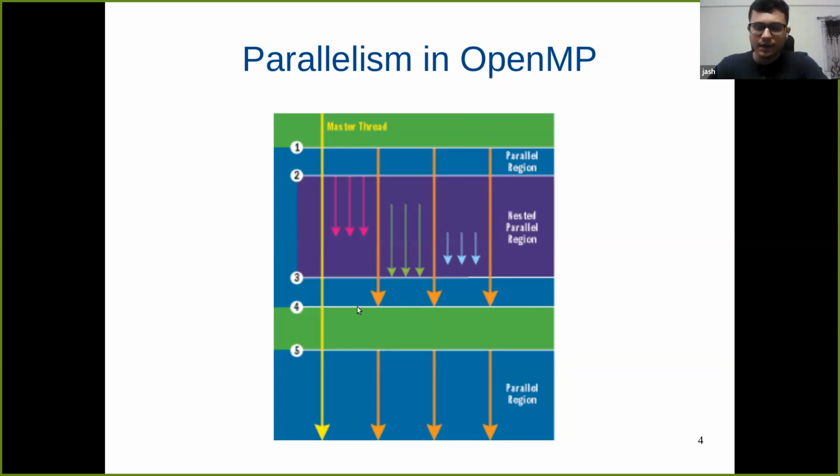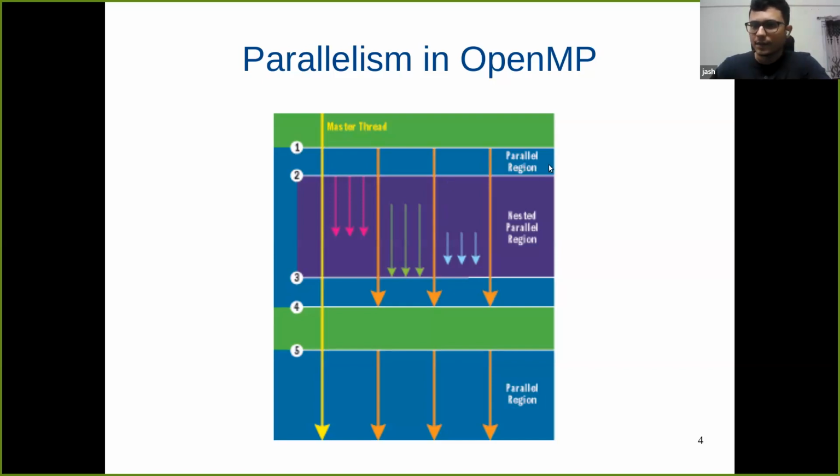Once the parallel region ends, all threads except the master thread will be parked, and the master thread will continue its execution in the serial region. And again, when a parallel region is hit, it will spawn a team of threads and so on.